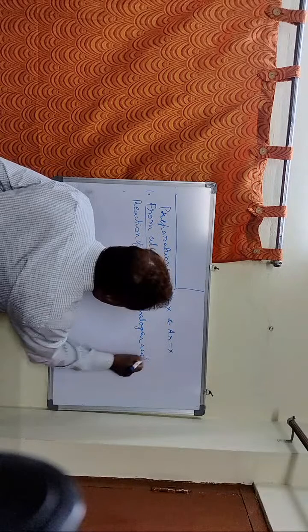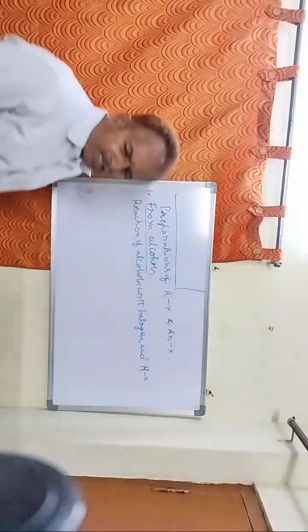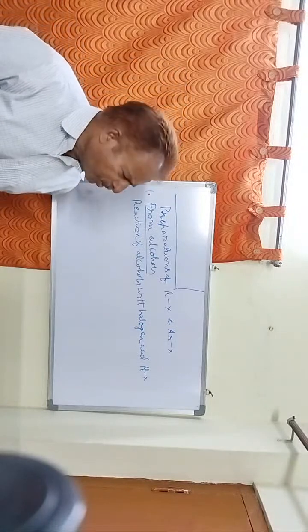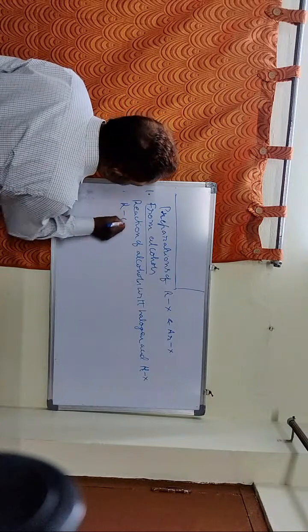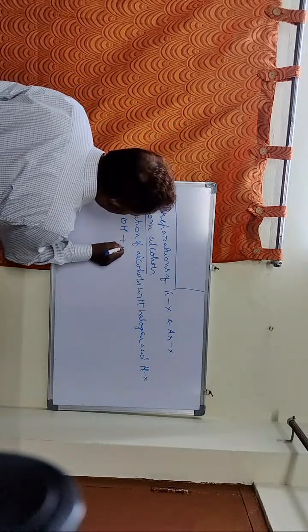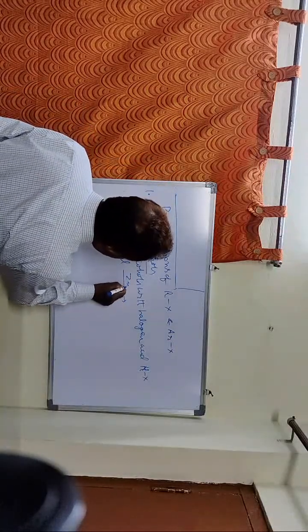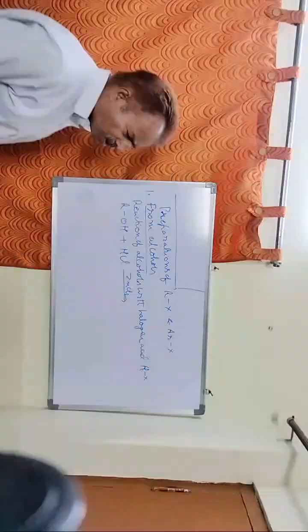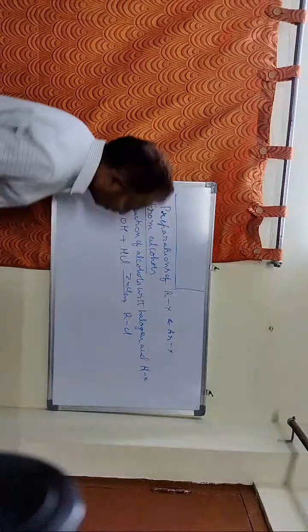Halogen acids means HX, where X may be either chlorine, bromine or iodine. So here, ROH plus HCl in the presence of zinc chloride, we get RCl.